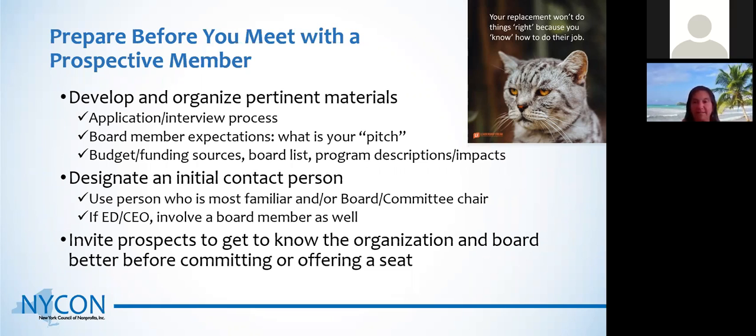Show them the best way of seeing the organization, what you do, the impacts, show them some highlights, introduce them to your organization and what you do, and find out from them what is interesting about what the organization does.